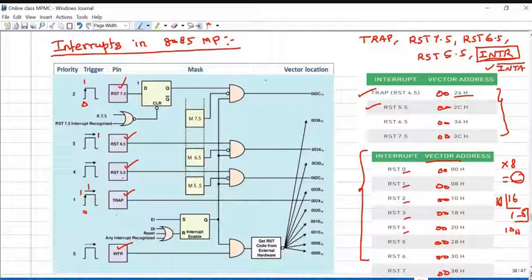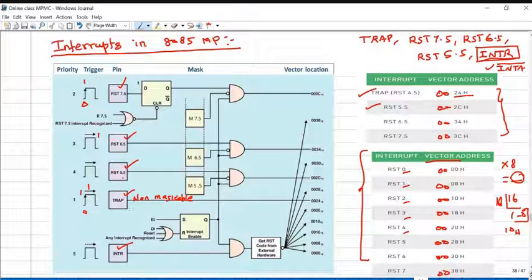Next, how to enable and disable these interrupts? Trap is a non-maskable interrupt. We cannot disable this interrupt; it is always on. The processor usually utilizes the trap interrupt for emergency purposes, like power shutdown or other related issues.